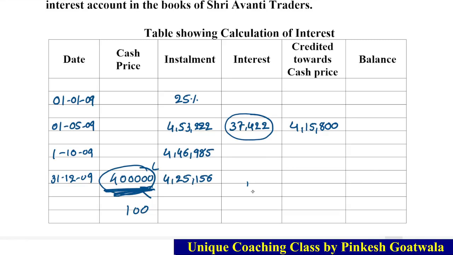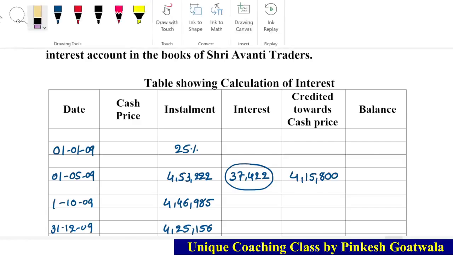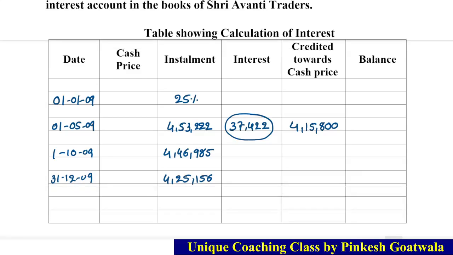But here we don't have that amount, because this interest is calculated on which amount? This interest was calculated on which balance? It was calculated on whatever balance there is.